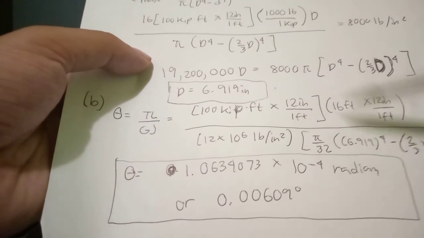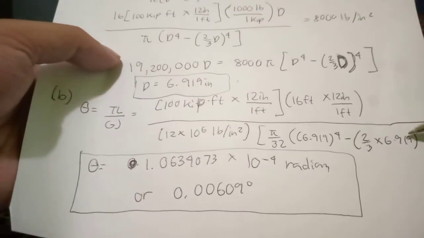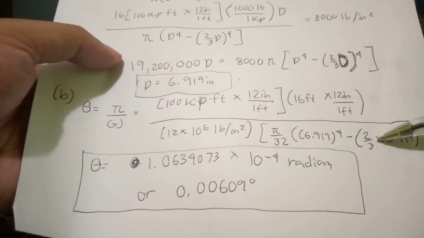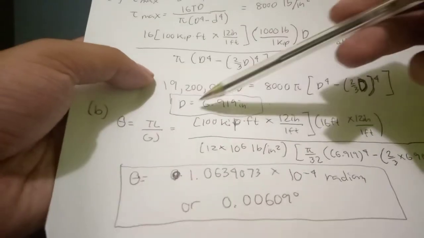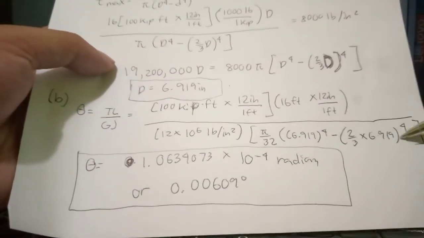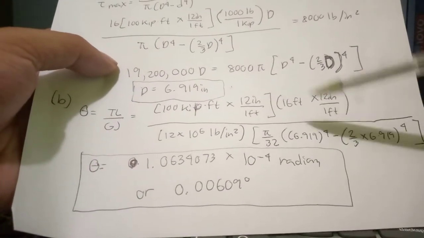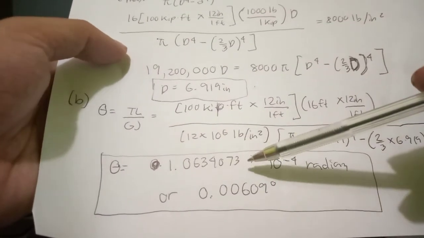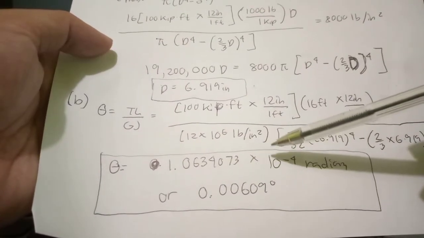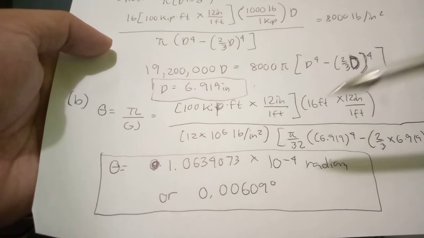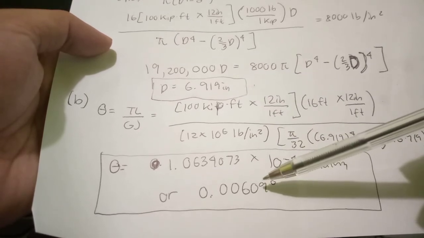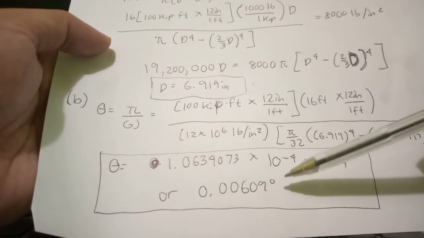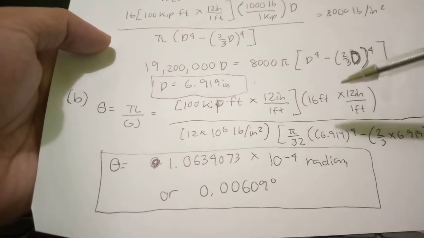We use the values of D and the value of small d, which is equivalent to 2/3 of the outside diameter. We substitute everything, so we get 1.0634073 times 10 to the negative 4 radian, or 0.00609 degrees. So this is your angle of twist.